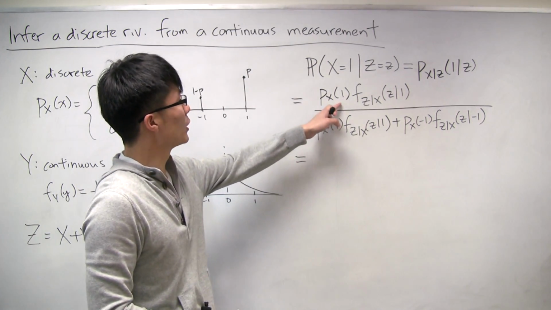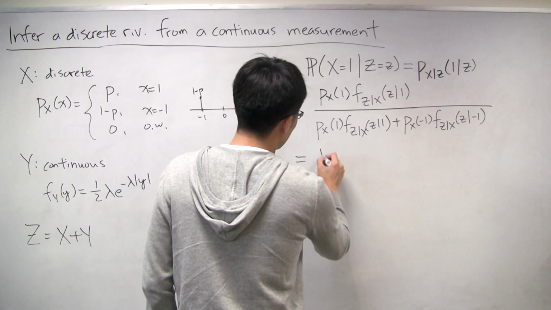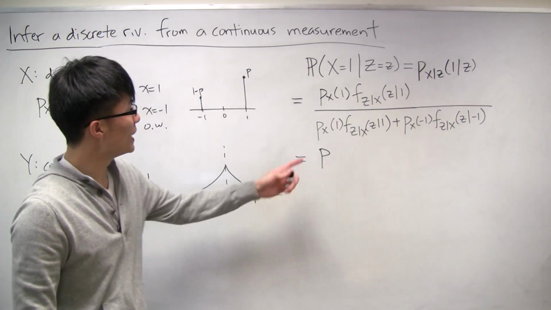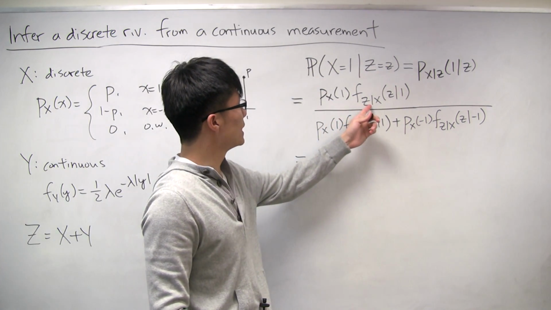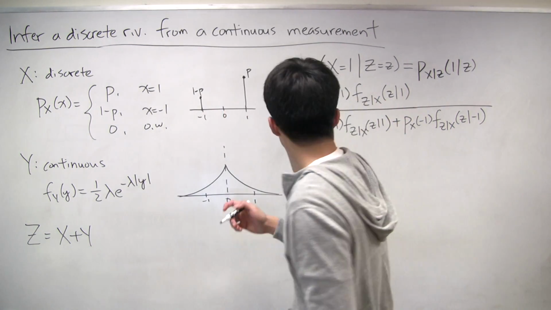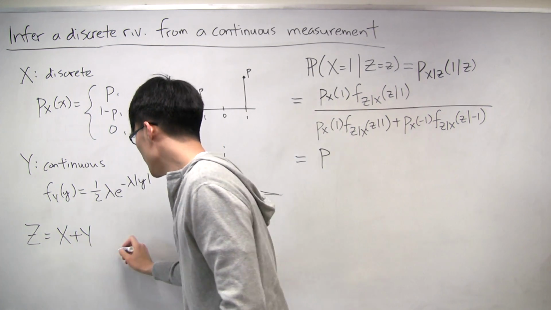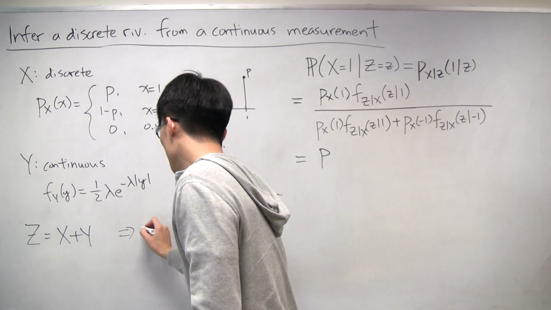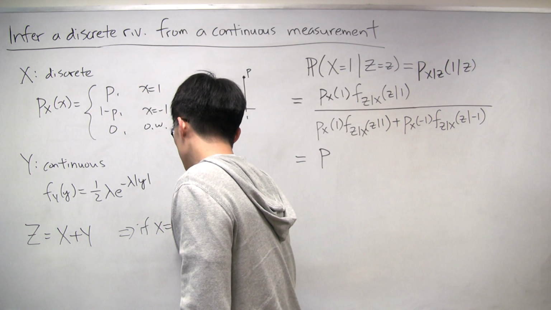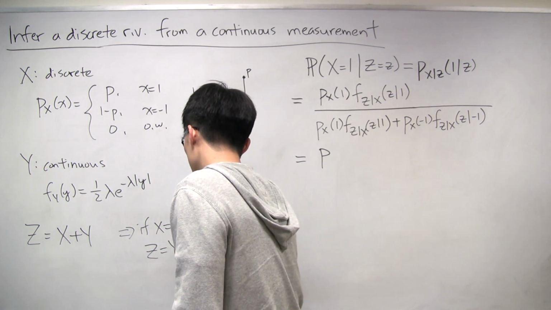So the PMF of x evaluated at 1, that is just p. What is the conditional PDF of z given that x is equal to 1? Well, that takes a little bit more work. Given that x is 1, then z is just y plus 1.